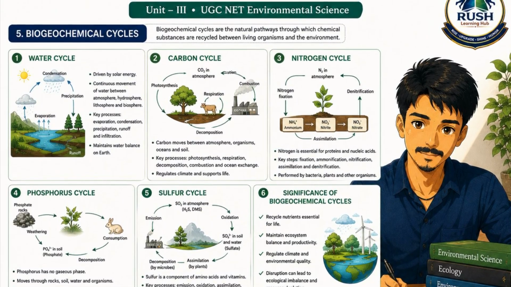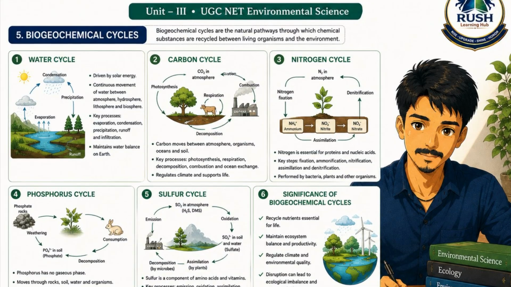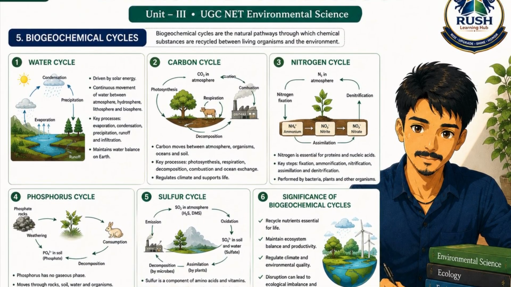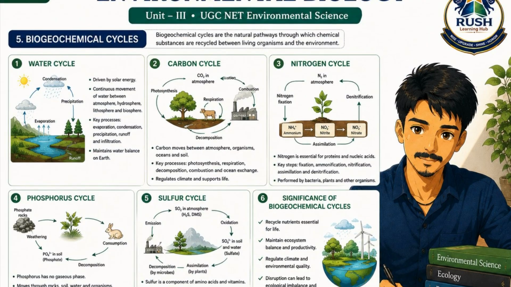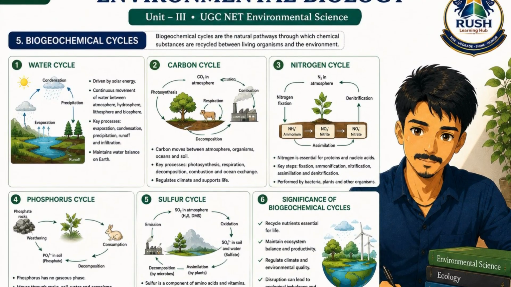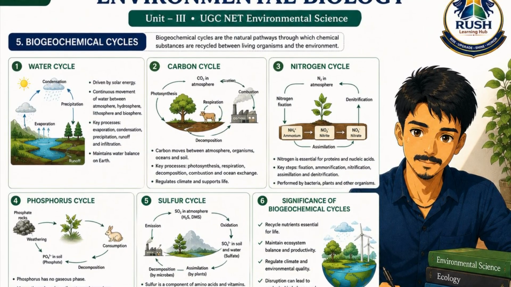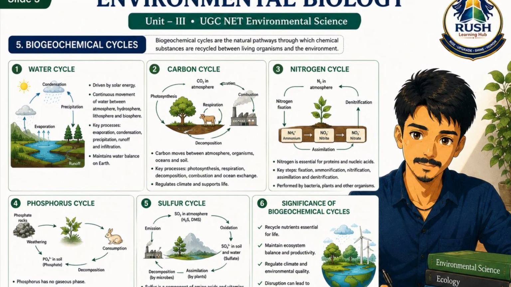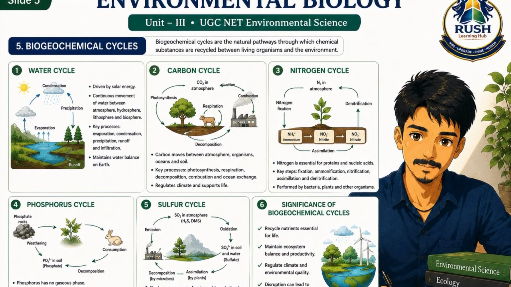The major processes involved are evaporation, transpiration, condensation, precipitation, infiltration, and surface runoff. Through these processes, water is continuously recycled, maintaining the water balance on Earth and supporting all forms of life.